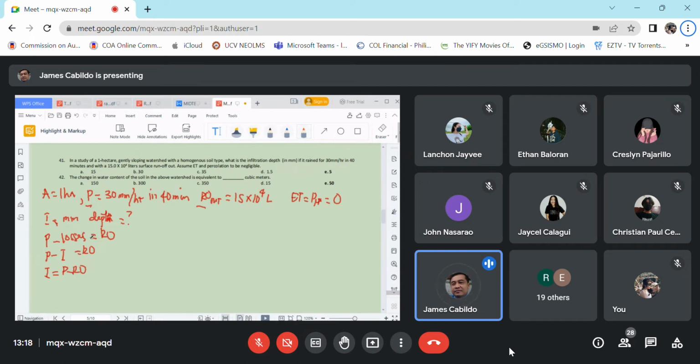Now, let's solve them one by one. First, P in terms of depth. P is 30 mm per hour in 40 minutes. So we multiply by 40 minutes, which is 0.666, or 2/3 hour.